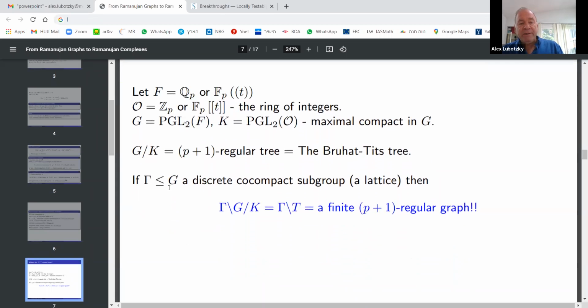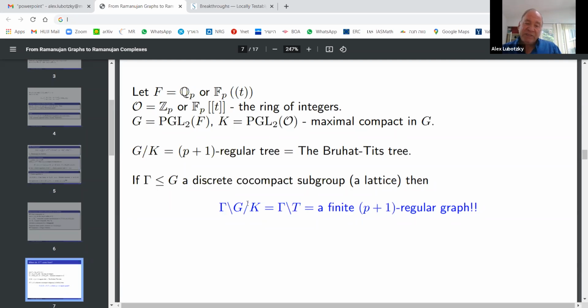Let Γ be a discrete co-compact subgroup, the so-called lattice in the group G. Now we can look at G mod K, divide G by K from one side, and divide by Γ from the other side. When we divide G by K, we get the tree, the (p+1)-regular tree. Now we divide it by Γ also. So this is like dividing a tree by an action of a group, we get a graph.